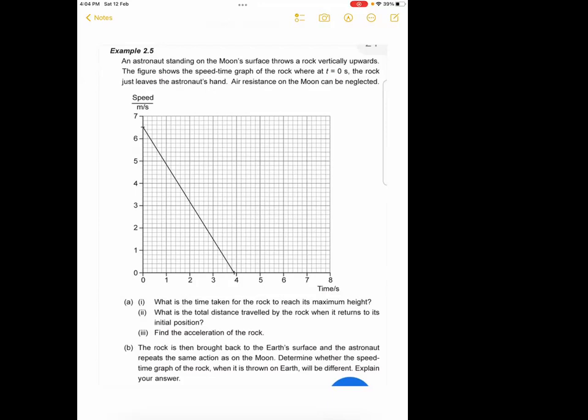It said what is the time taken for the rock to reach its maximum height? The answer says it's going to be the entire graph, because the distance that the rock travels is the area under the graph, and it is the maximum when it's over. So the answer will be 3.9.